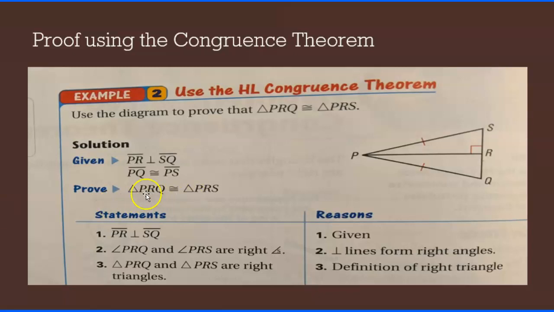And remember, my point that I want to prove, I always list that last. I just list it at the bottom so that I kind of know what I'm working towards, kind of my roadmap. So let's remind ourselves, PRQ is congruent with PRS. So we got to get there. And so we've just told ourselves that PRQ and PRS are right triangles.